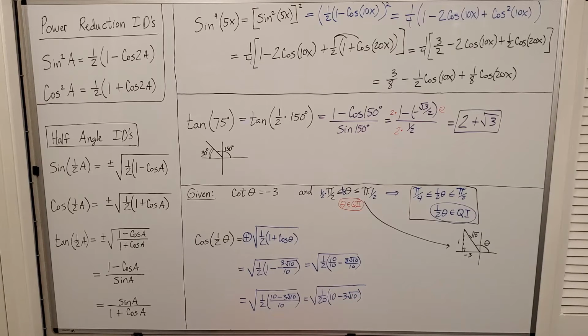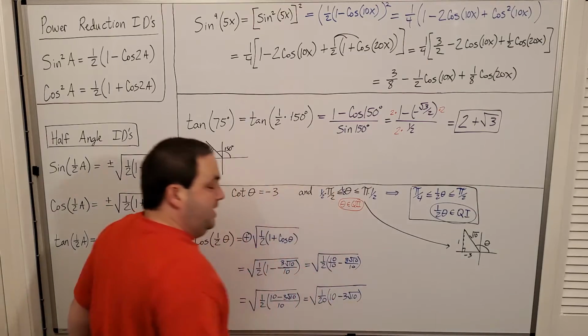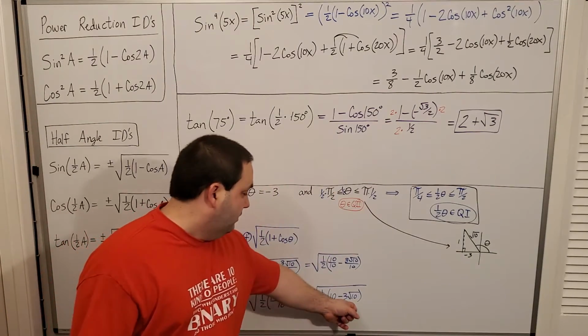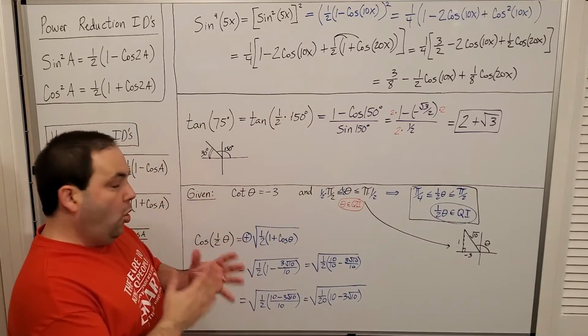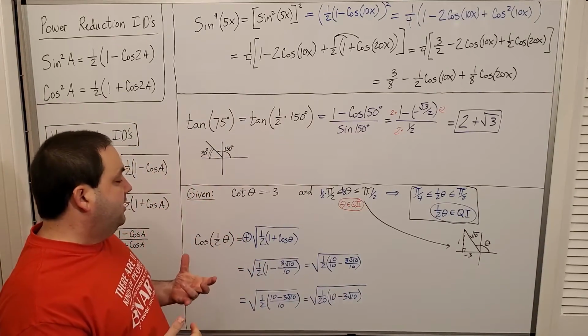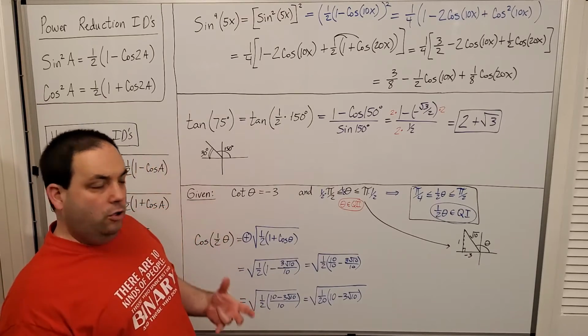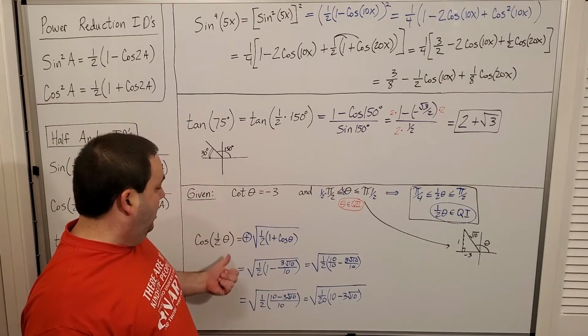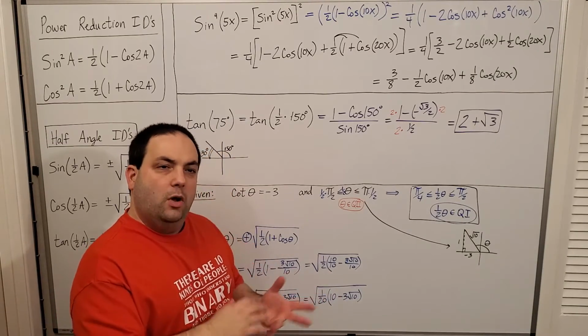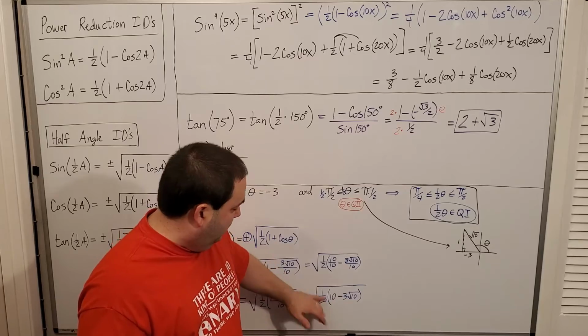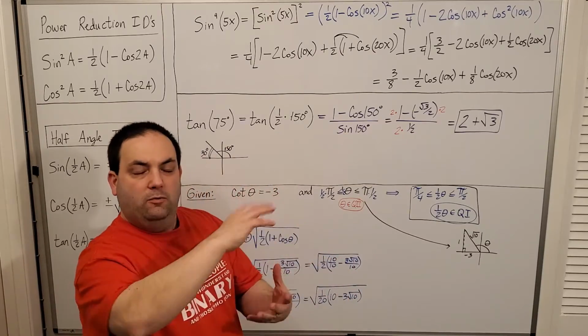And really, it doesn't need to go much further than that. It is a nested radical, right? I have the square root of 10 inside of the other square root. But the goal is achieved. I wanted an exact version of the cosine of this angle. I do have that. You can manipulate it and do other things with it, like trying to write the 20 as a denominator and maybe rationalizing it.